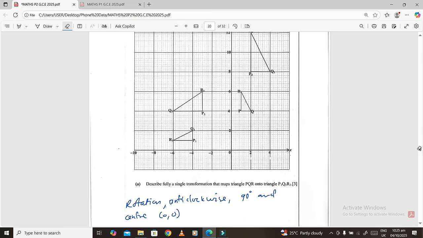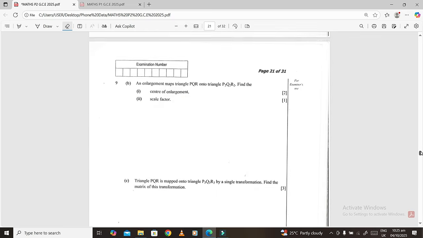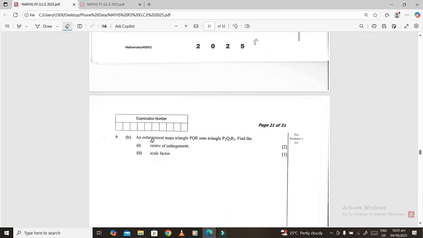For the next question here, they are saying an enlargement maps triangle PQR onto triangle P2Q2R2. Find the center of enlargement. So the center for this one, I think it's also 0, 0, and then the scale factor is 2.